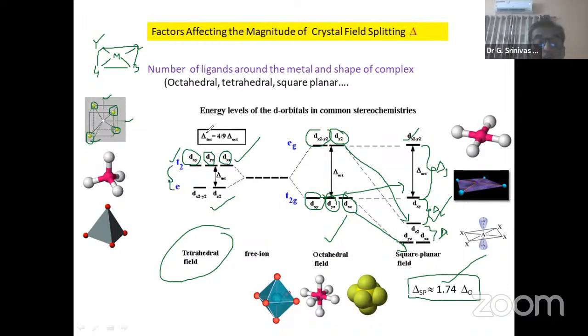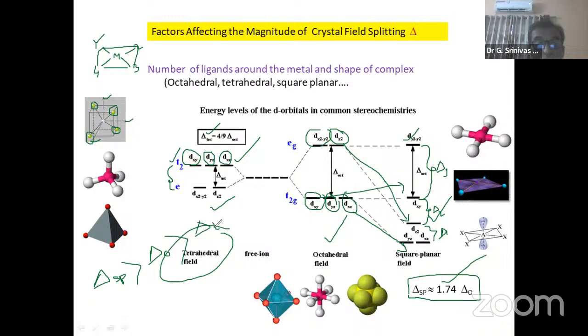So here delta T is equal to 4 by 9 delta O. If you compare the crystal field splitting of square planar, octahedral and tetrahedral, the crystal field stabilization energy of square planar is greater than octahedral complexes, and the octahedral complexes' crystal field stabilization energy is greater than the tetrahedral.